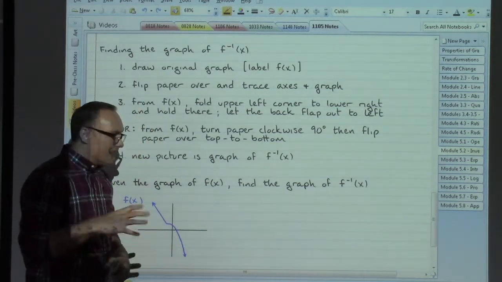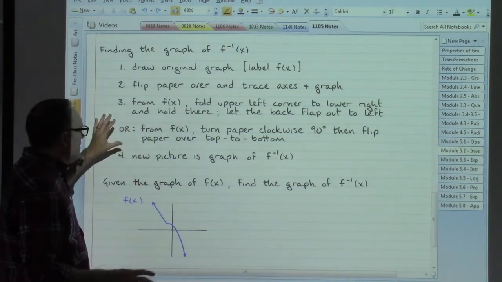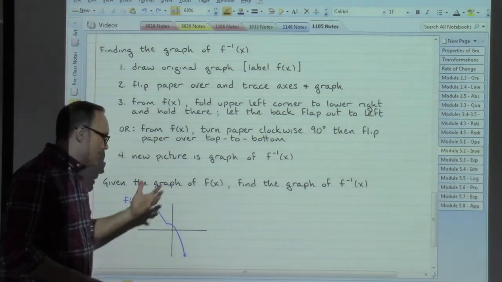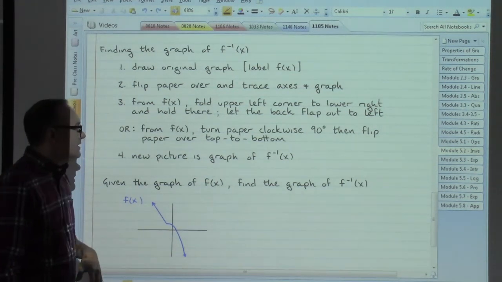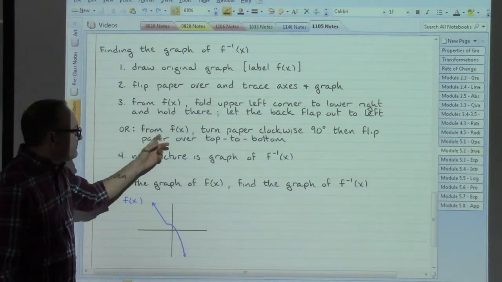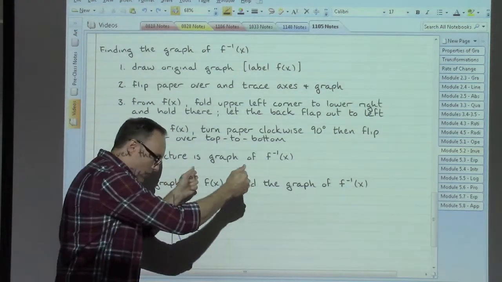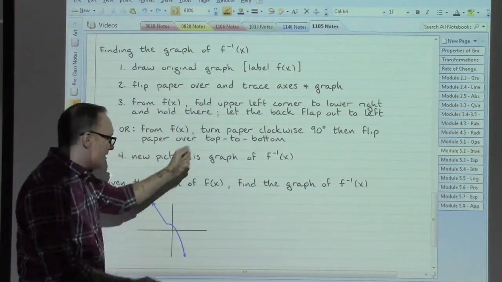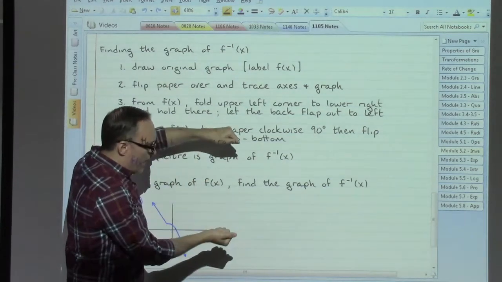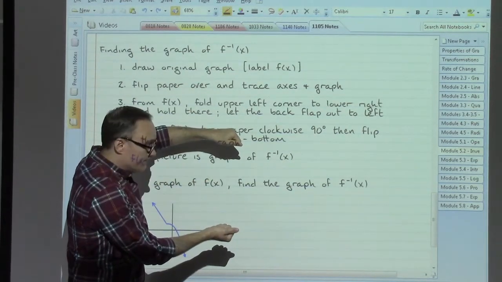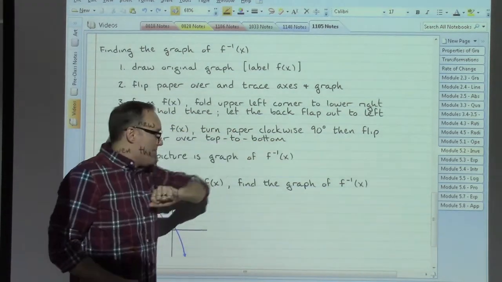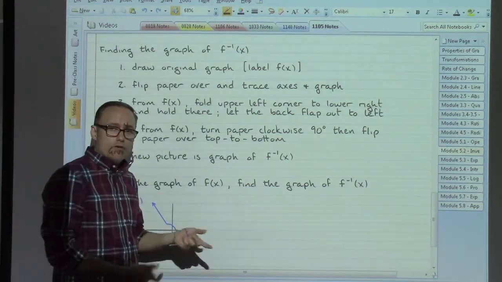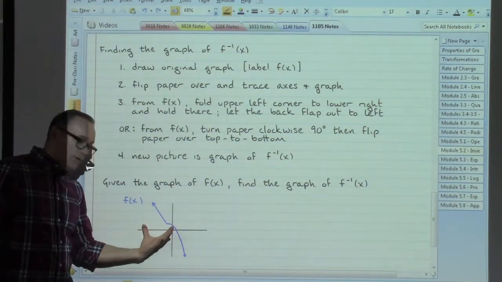That drawing is the drawing of my inverse function. Now, if you don't like that version, here's a different description, and this is something that we can do digitally very nicely. We're going to start with that original drawing, labeled with f of x. I'm going to turn the paper clockwise 90 degrees. Then I'm going to flip the paper over top to bottom. So here's our drawing.